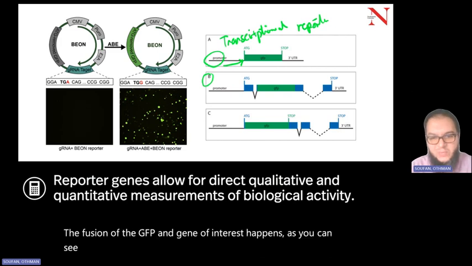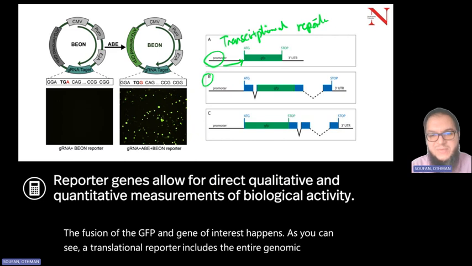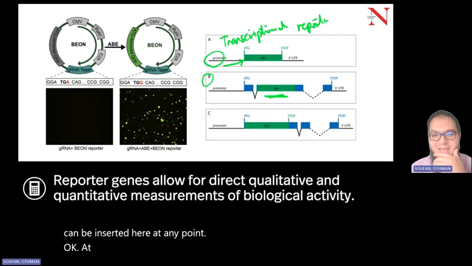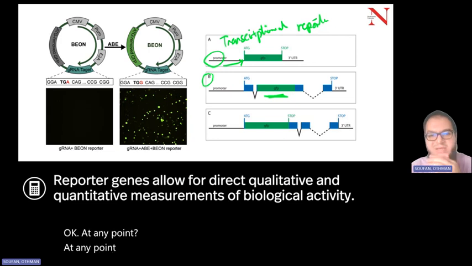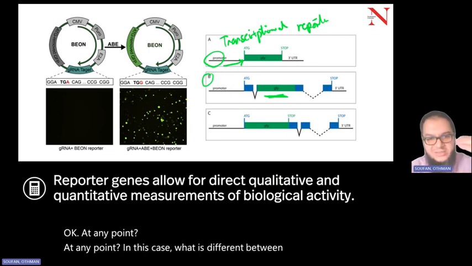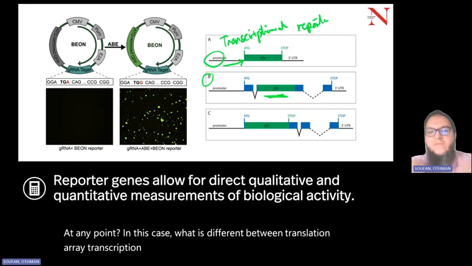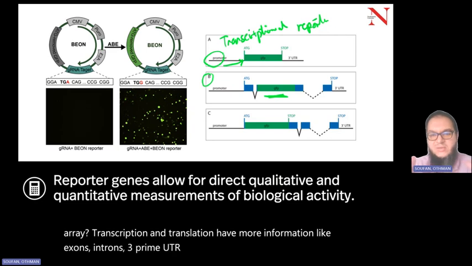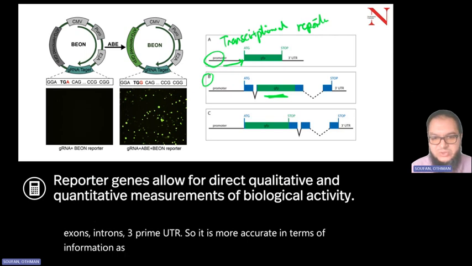A translational reporter includes the entire genomic locus. GFP can be inserted here at any point. What is different between translational and transcriptional? Translational reporters have more information, like exons, introns, and 3' UTR. So it is more accurate in terms of information as we fuse these two genes.